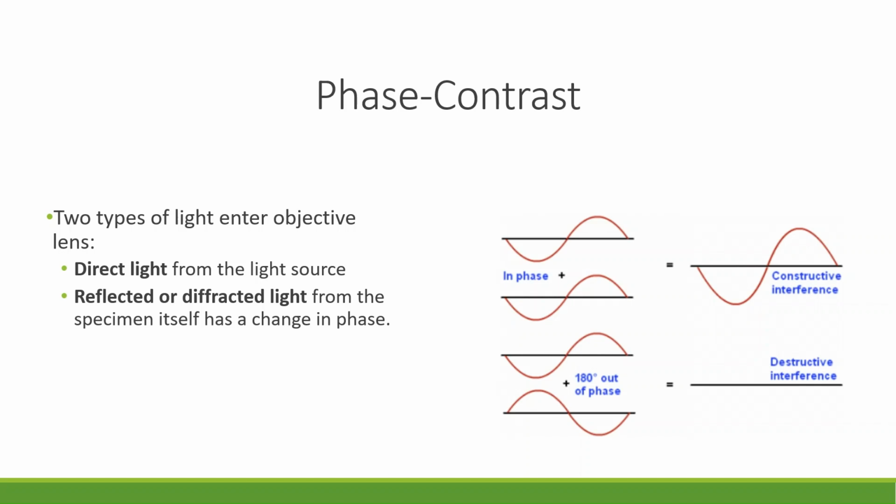A special phase plate shifts the light waves so they are combined together and overlap just the right way to create either constructive or destructive interference. We won't go into any more depth on the mechanism, but you just need to be aware of the basic function of constructive and destructive interference, and this is what causes the richness of the image.